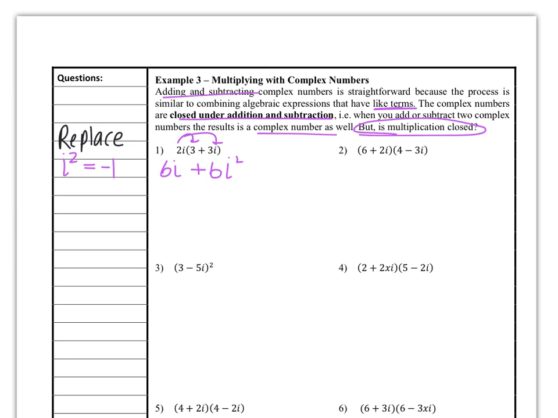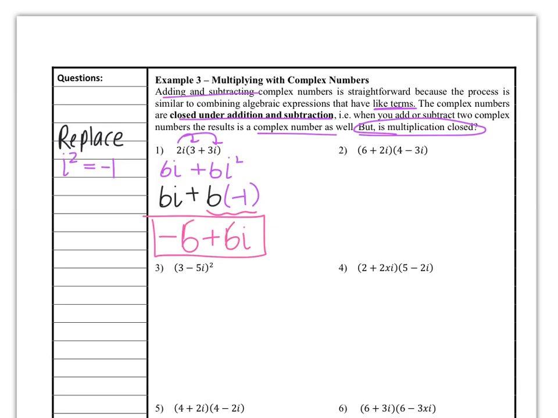All right, so the 6i stays the same, plus 6 times now negative 1. And then we have to write our final answer in the order of a plus bi. So this gives me my real part, so that's negative 6. And then the bi part is plus 6i. Those are 6's, not b's.